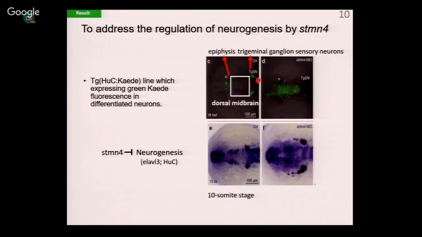In control, the Kaede-labeled neurons are expressed in the epiphysis and TGSN after 16 hours post-fertilization, and not found in the dorsal midbrain. In Stathmin4 morphants, the Kaede signal appears in the dorsal midbrain, meaning differentiated neurons appeared. Similar results were obtained by whole-mount in situ hybridization analysis against ELAVL3. From this data, we could learn that Stathmin4 regulates neurogenesis.